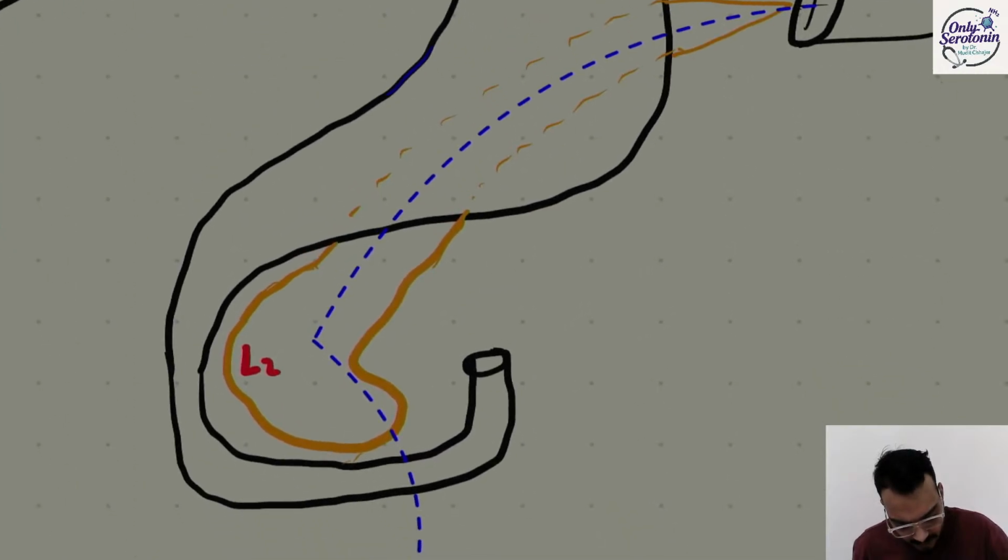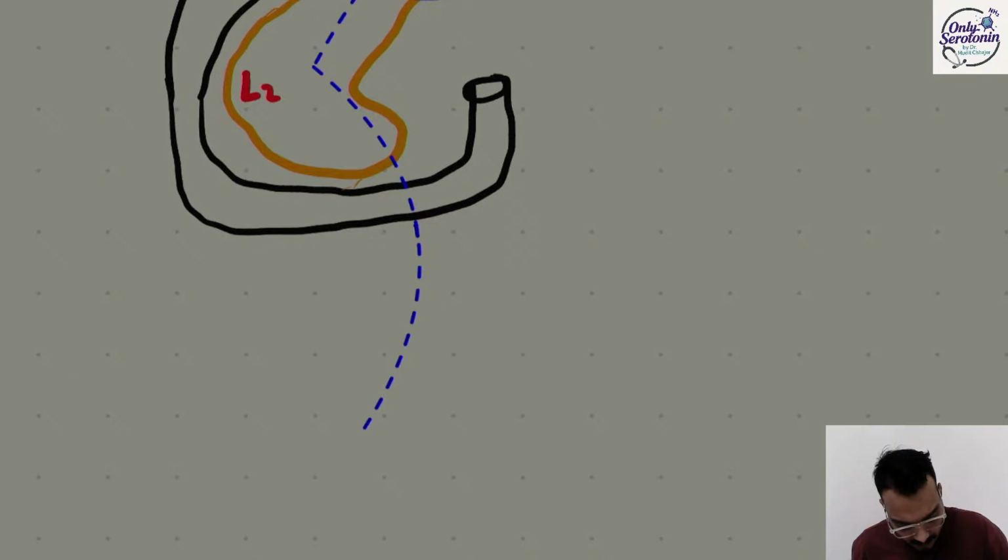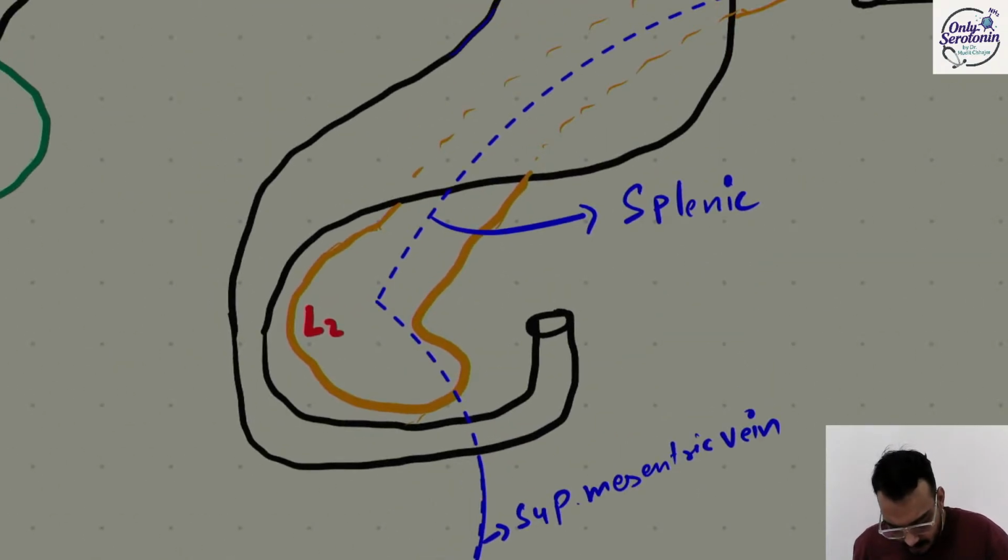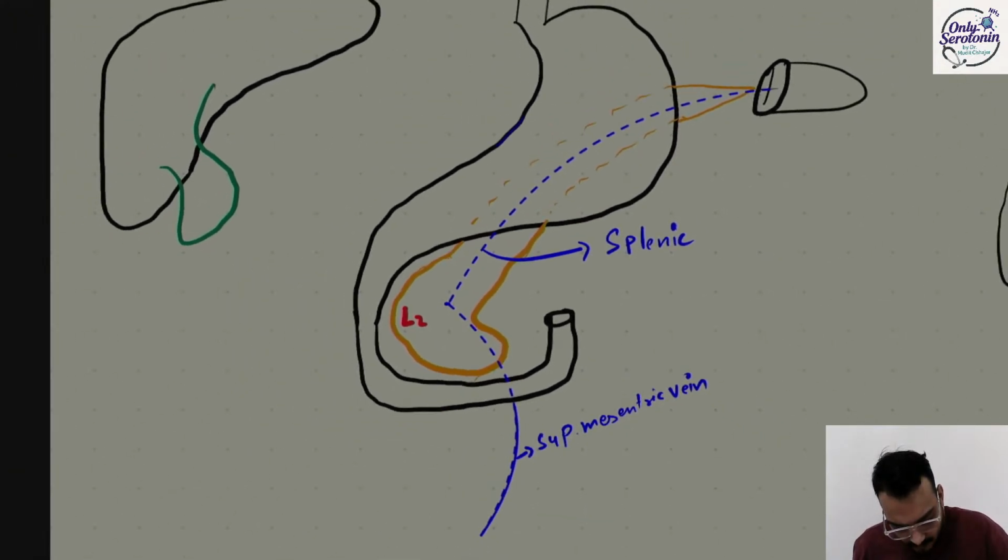So what all things are coming? I am having the splenic vein and the superior mesenteric vein. They both will attach and give one vein, and this vein will go towards the liver.